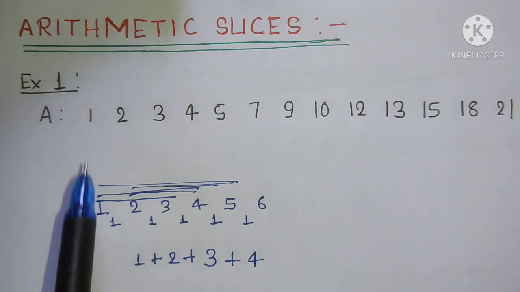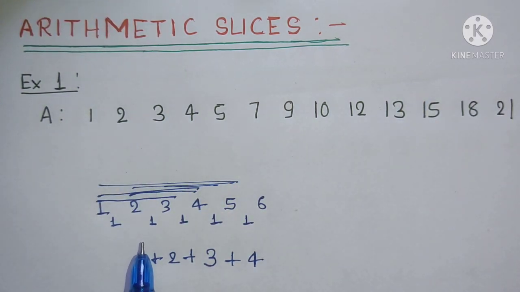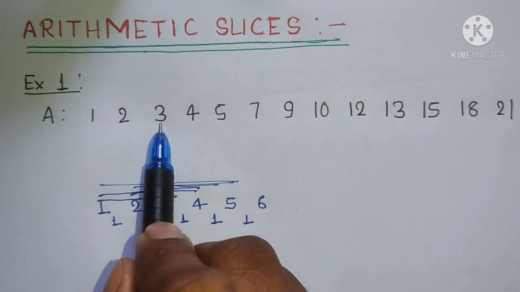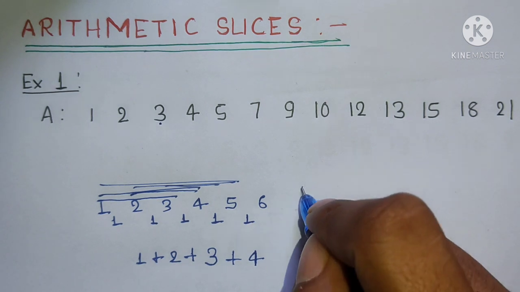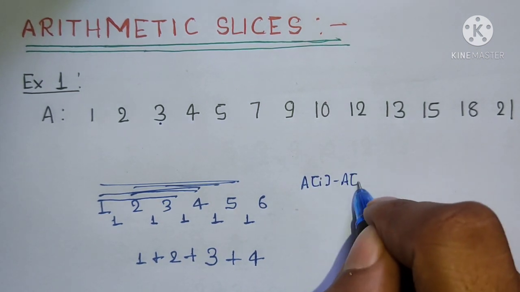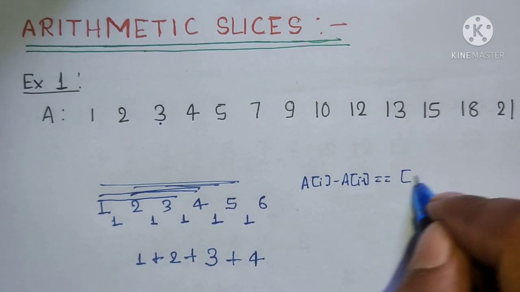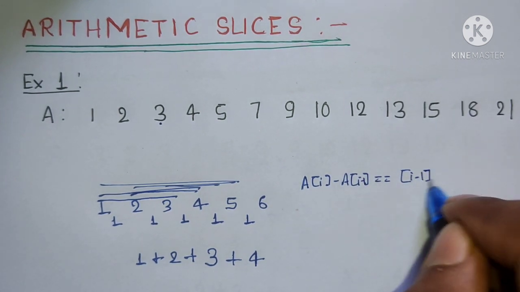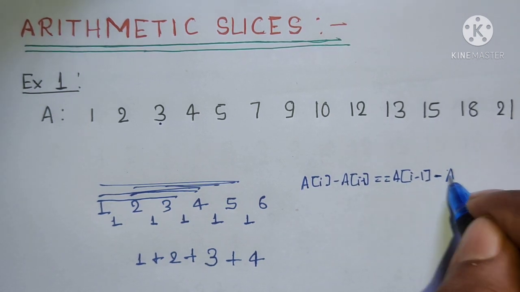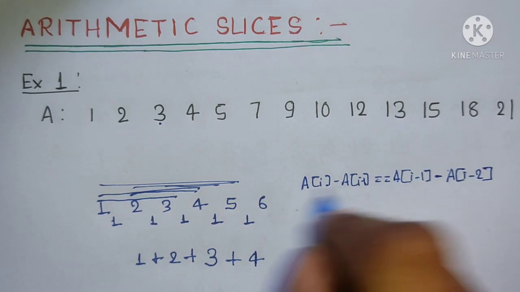Suppose we are given this array and we have to find the total number of arithmetic slices. Then we will start from the third element and check whether the ith element minus the I minus 1th element equals the difference of the I minus 1th and the I minus 2th element or not.